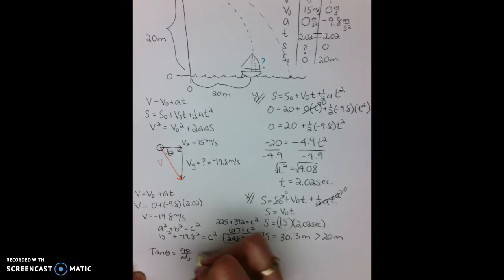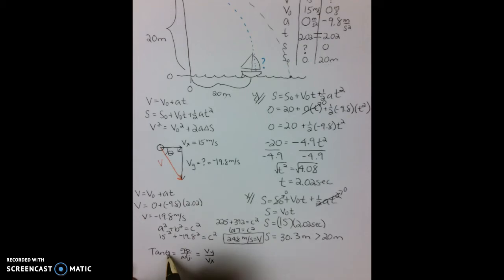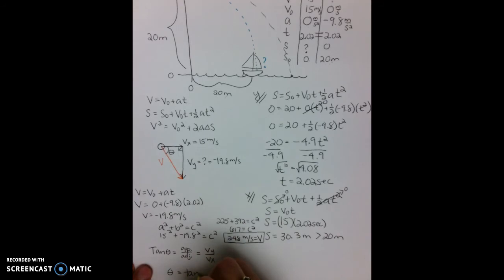Or in physics terms, that would equal Vy divided by Vx. If I'm looking for theta, that means I have to divide by tangent, which is tangent to the negative 1. So theta is equal to tangent to the negative 1 of the quantity Vy over Vx.